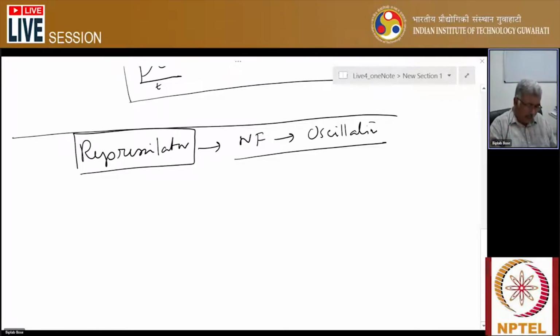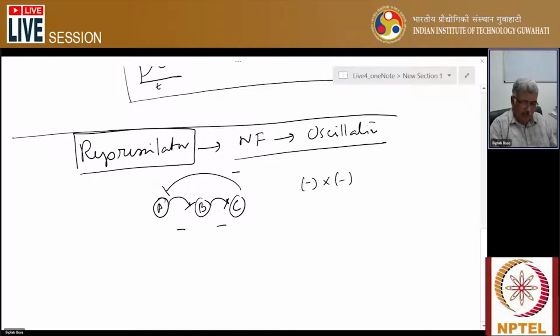A repressilator is something like this: A inhibits expression of B, B inhibits expression of C, C inhibits expression of A. So this is minus, this is minus, this is minus. So I have 3 minus. So that means the end result is also minus. So it's a negative feedback.